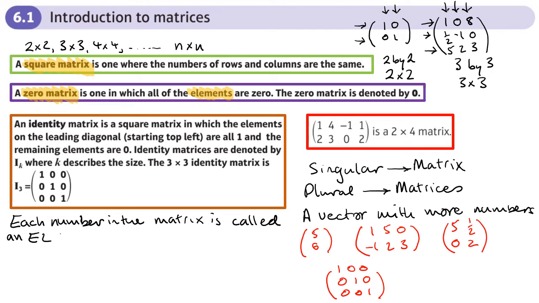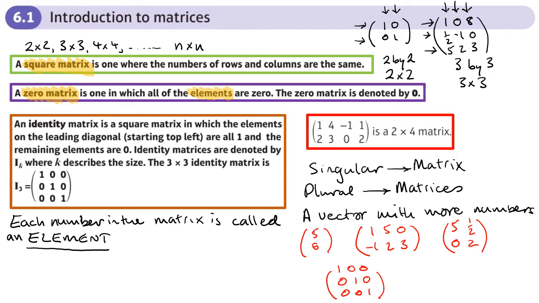So you might talk about the number of elements in a matrix. A 2 by 2 matrix has 4 elements, a 3 by 3 has 9 elements, and so on. If all the numbers in a matrix are 0, it's called the zero matrix, funnily enough.